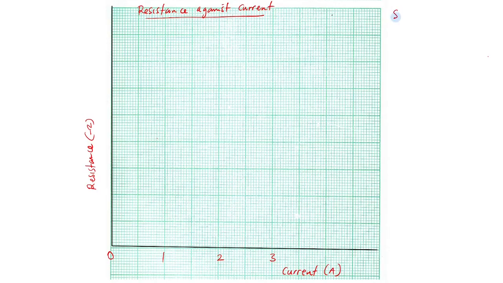The scale that I'm using on the x-axis is 4 centimeters is equal to 1 unit. Okay, this is the scale I'm using. This is 4 centimeters, I've given it 1 unit, and here the difference is also 1 unit.